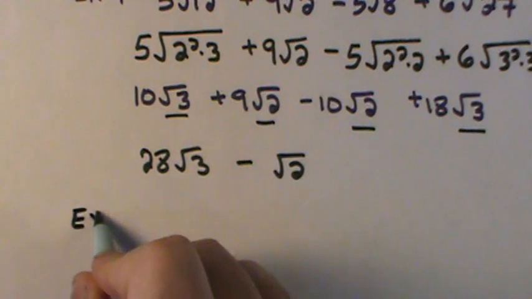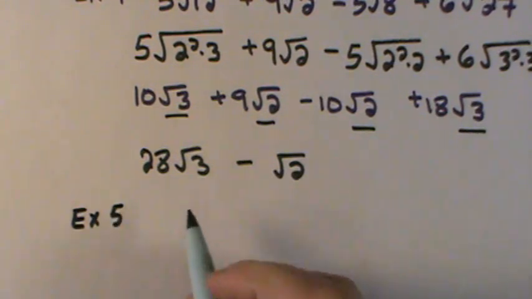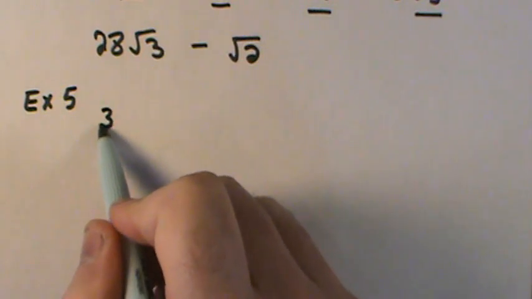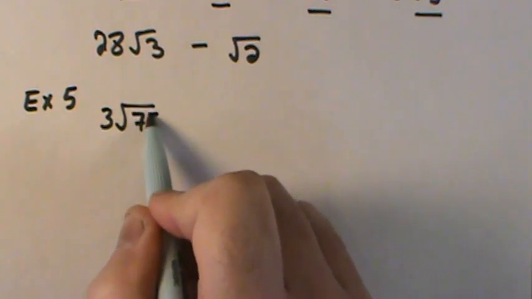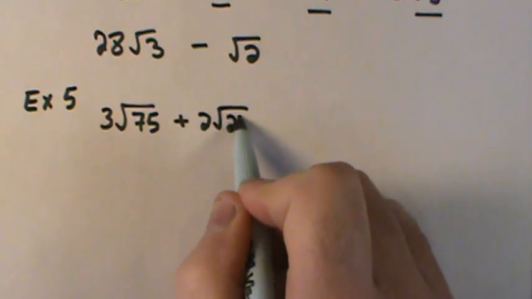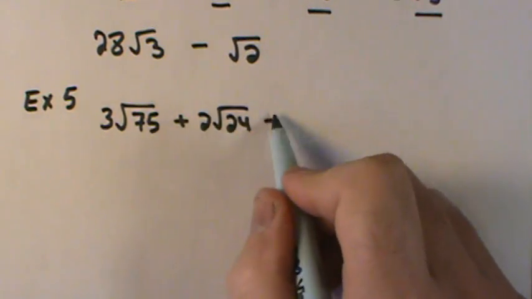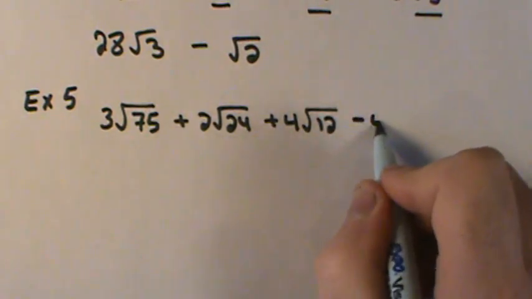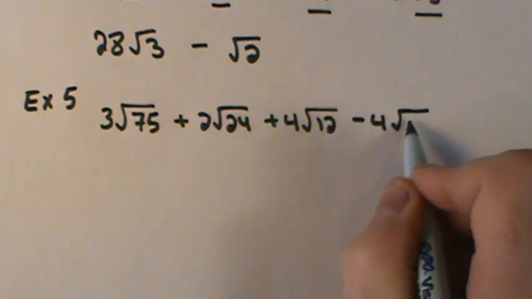Let's do example 5. We'll just keep on rolling. Example 5 will be very much like example 4. We'll go 3 rad 75 plus 2 rad 24 plus 4 rad 12 minus 4 rad 150.